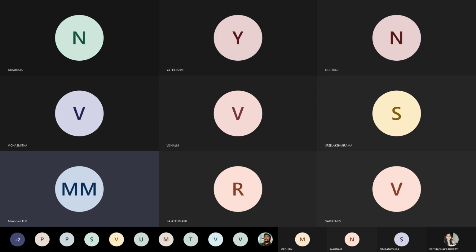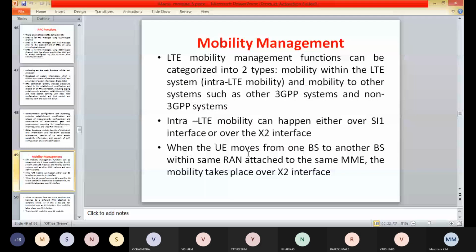Data transfer modes. Any others? Yes, sir.